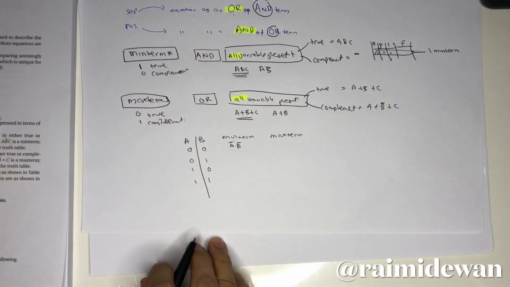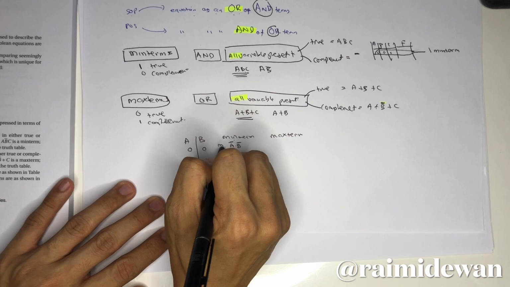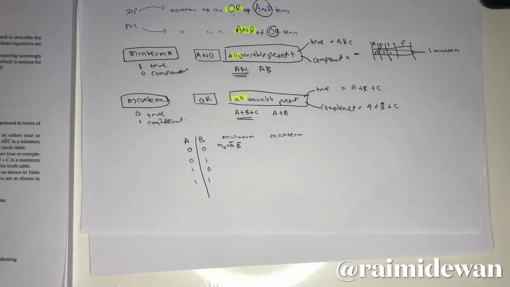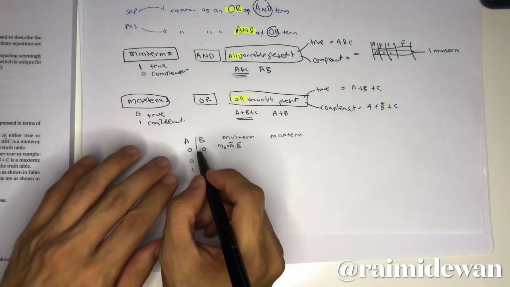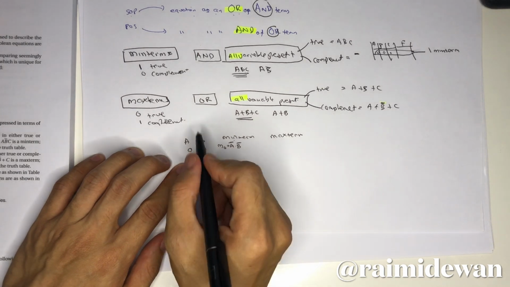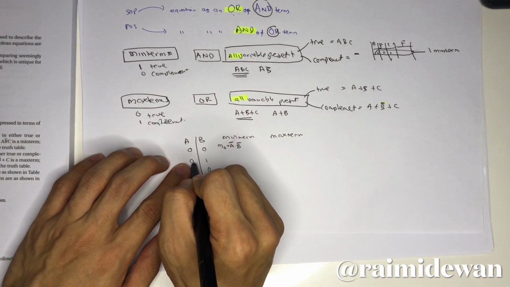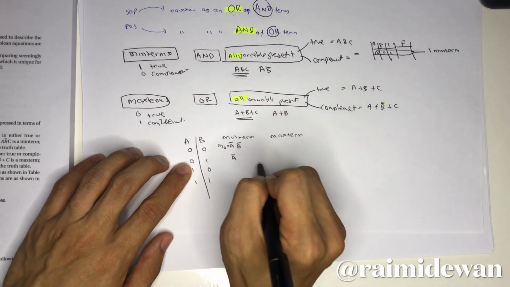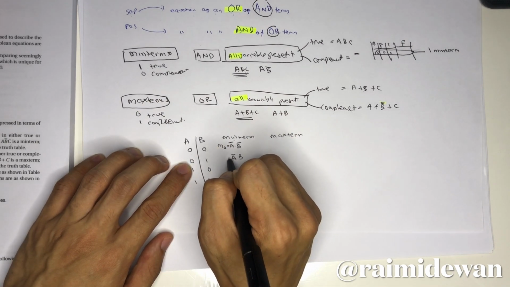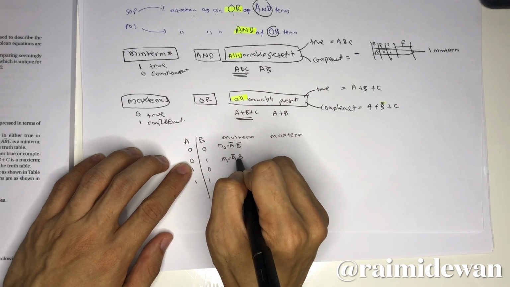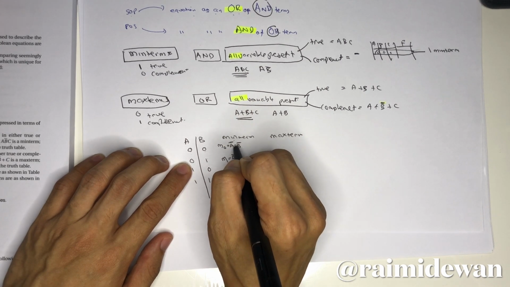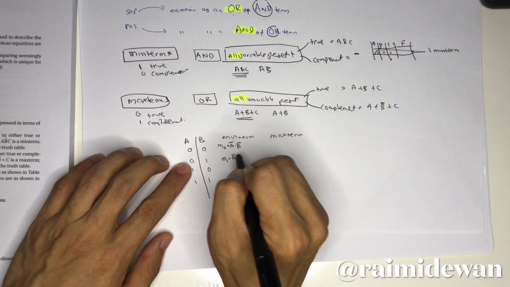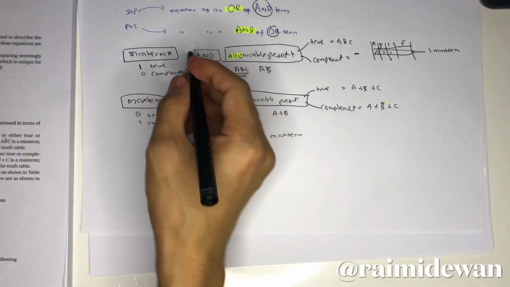So this is considered minterm number 0. How about this one? For the minterm, 0 is still considered complement, but B is true. So this is your minterm 1. Remember it's an AND. I just try to make this obvious so that you see it's AND.